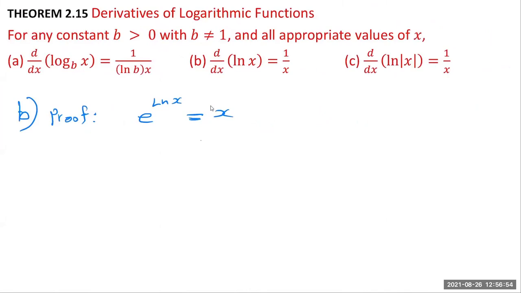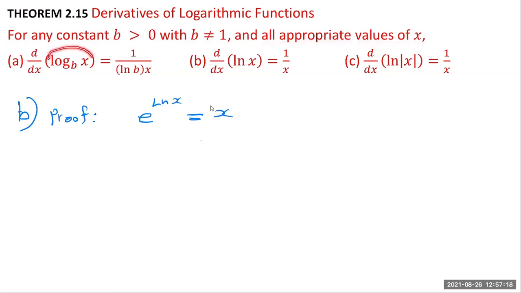All right, the next theorem that I want to talk about is the derivatives of logarithmic functions. This is Theorem 2.15. Here is the statement of the theorem. For any constant b greater than 0 with b not equal to 1 and all appropriate values of x, we have these derivative formulas.